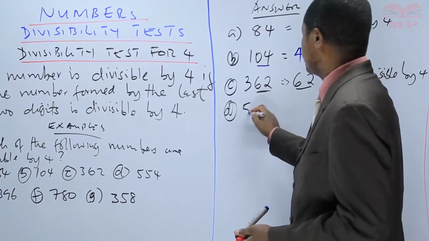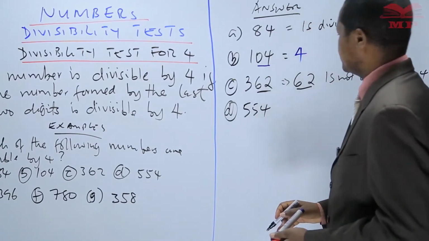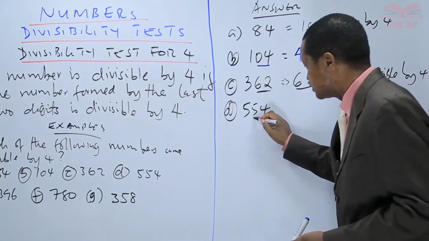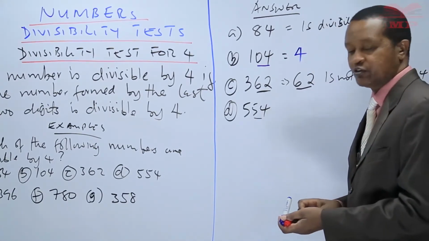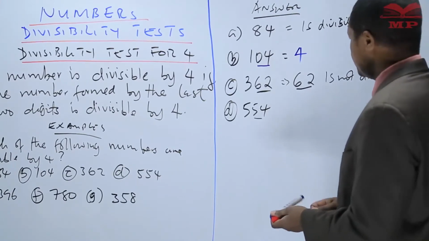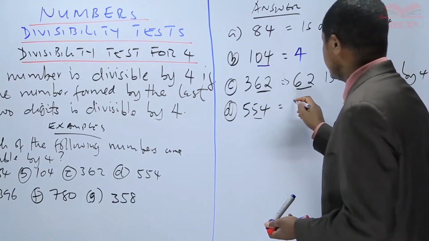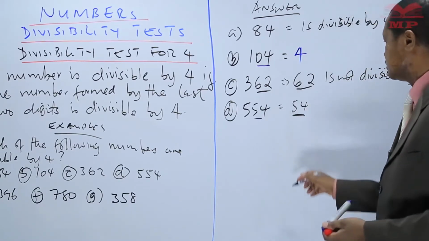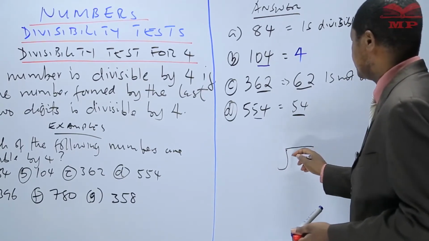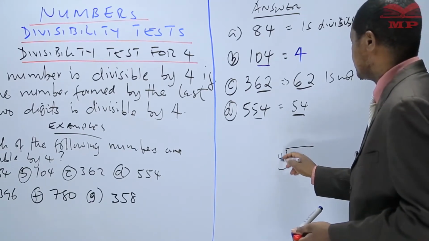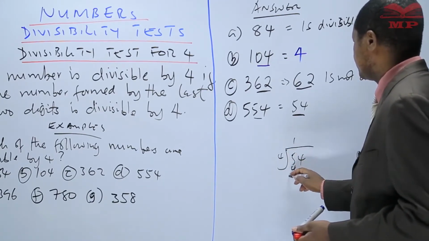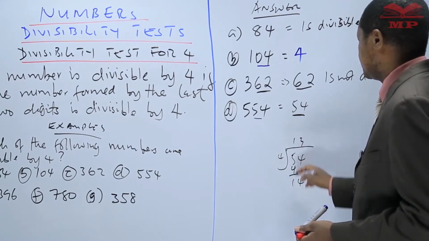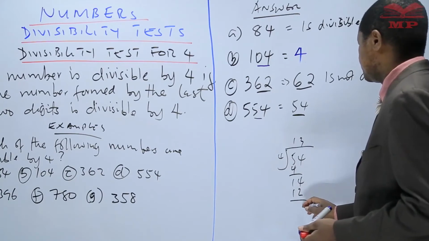Then D is 554. If you want to tell if 554 is divisible by 4, you look at the last 2 digits. The number formed by the last 2 digits is 54. So is this 54 divisible by 4? No, it is not. 4 goes into 5 once, then we have 14, 3 there, 12, remainder 2.